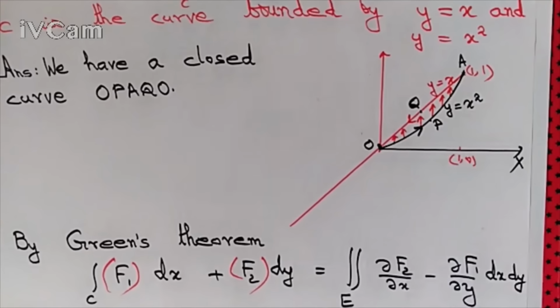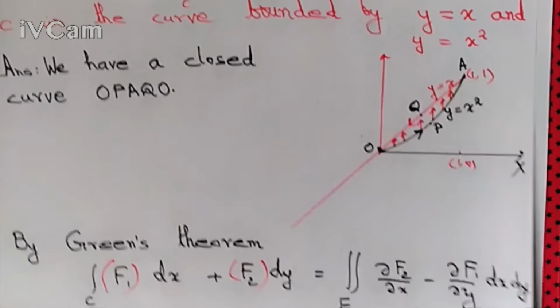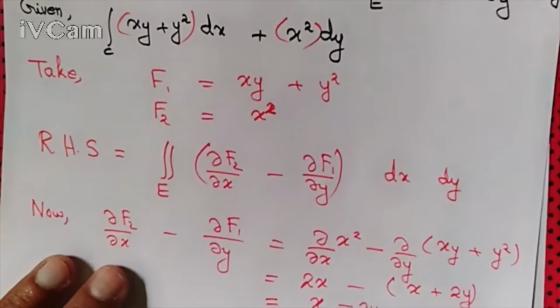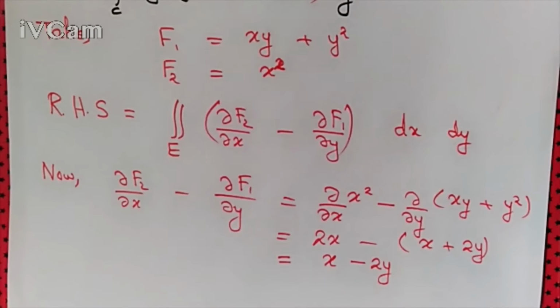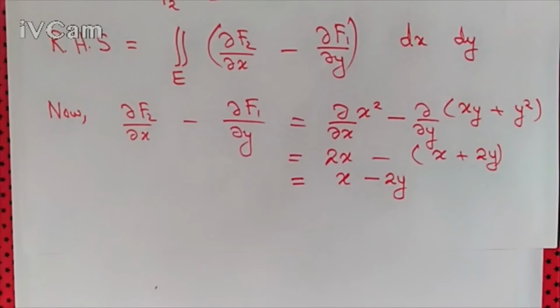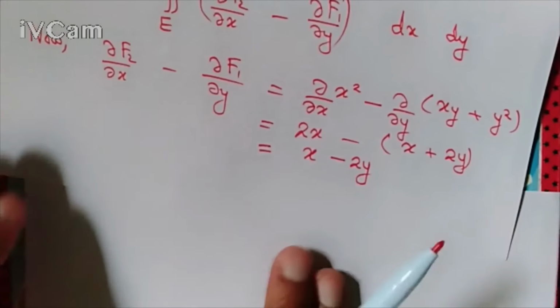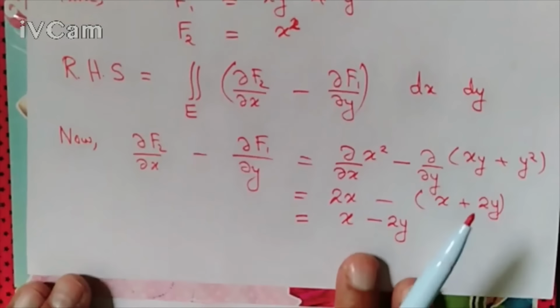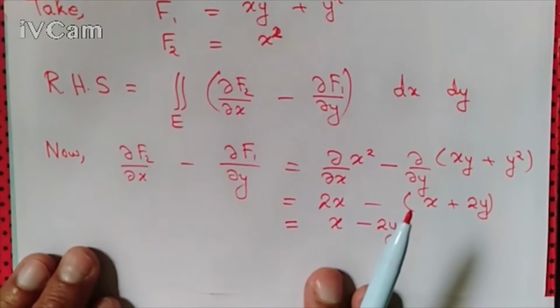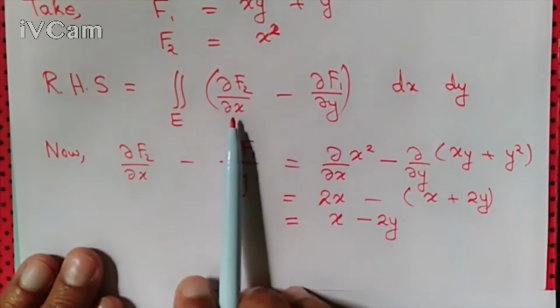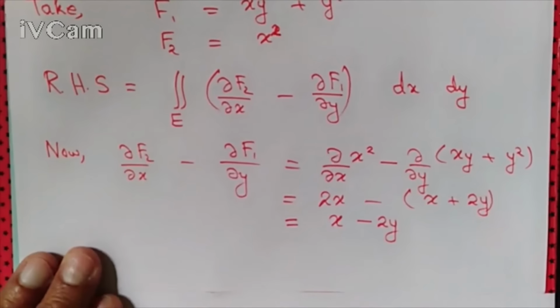So we can write RHS. First of all, we have del f2 to del x minus del f1 del y dx dy, that is x minus 2y.